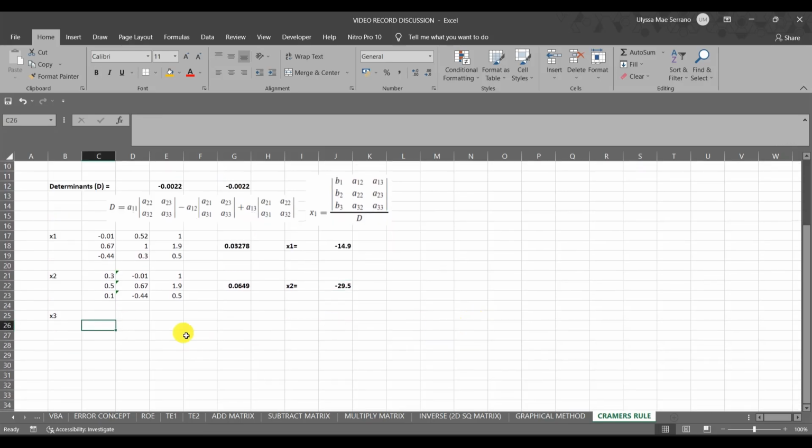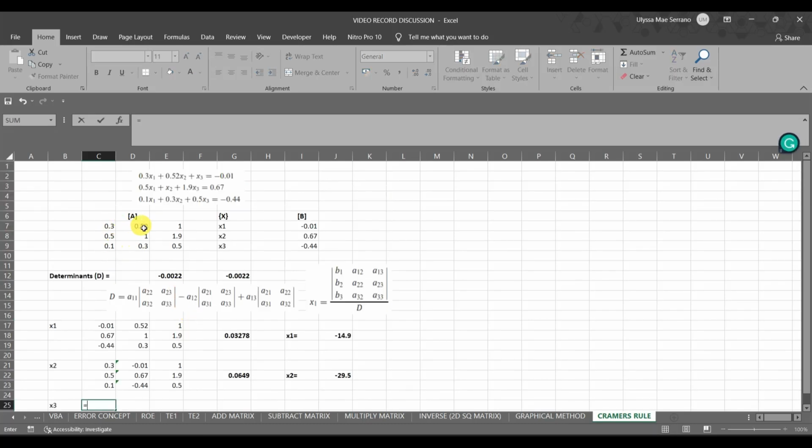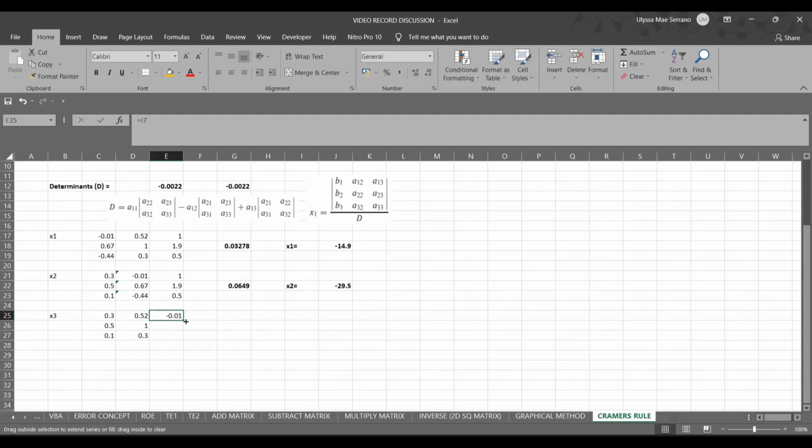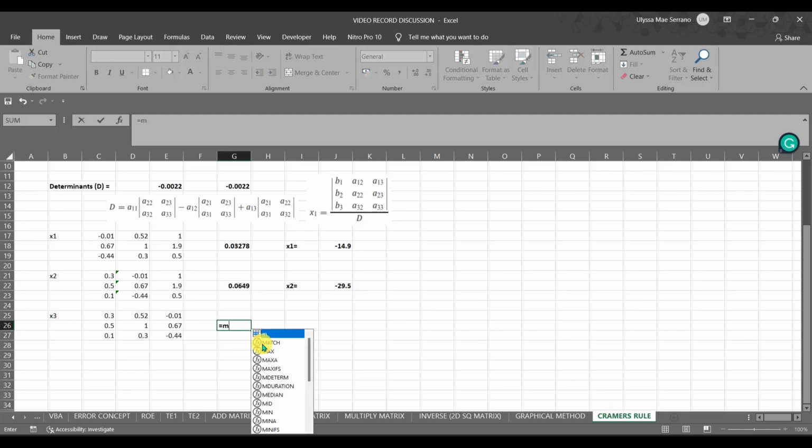And we already have the value of negative 29.5. And for our x sub 3, we're going to use these two columns, and we're going to change the third column with our B values. And for the numerator, MDETERM, select the given array for the matrix.